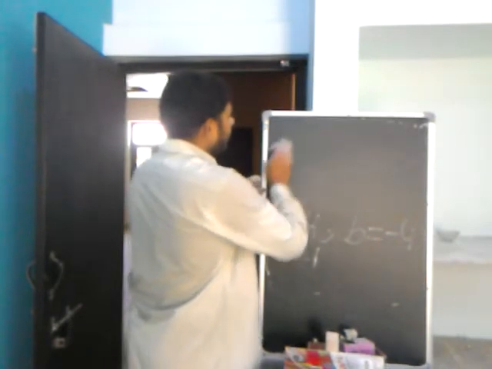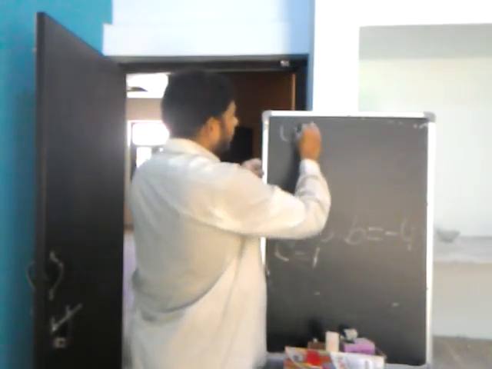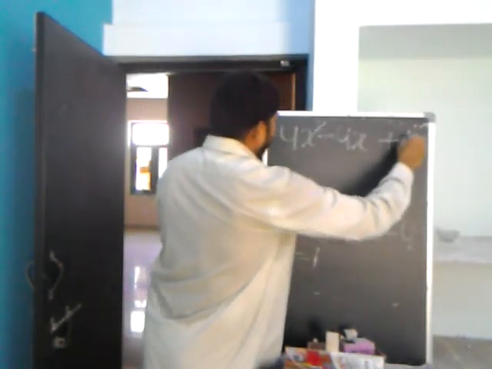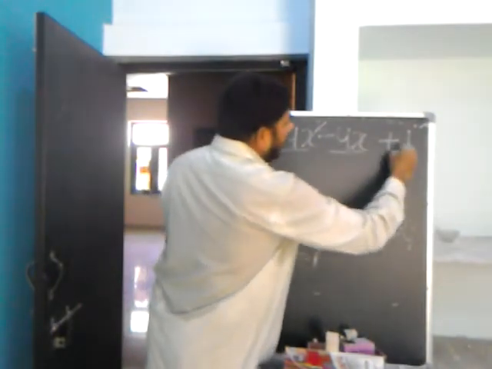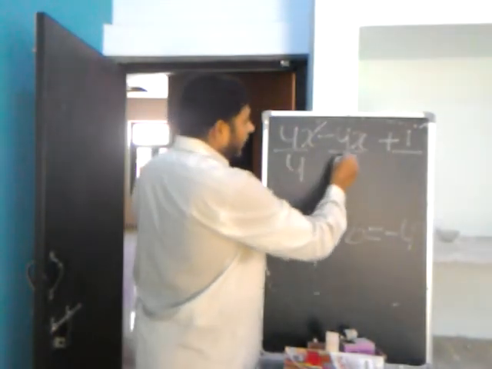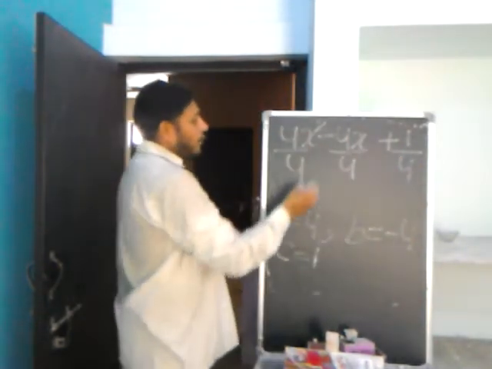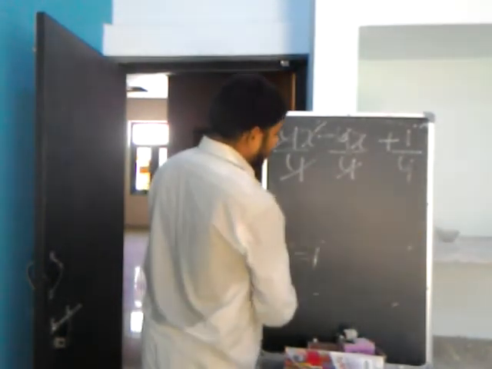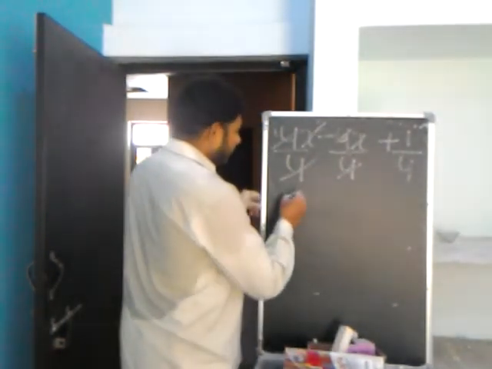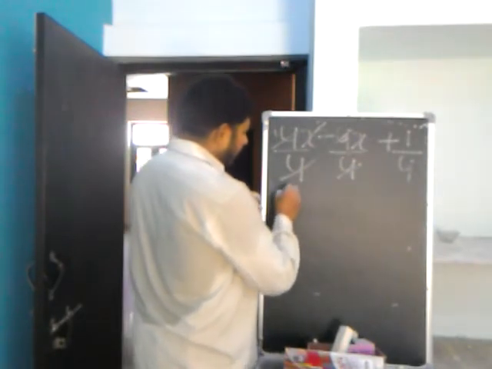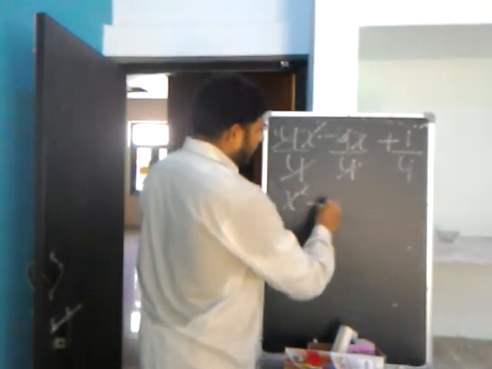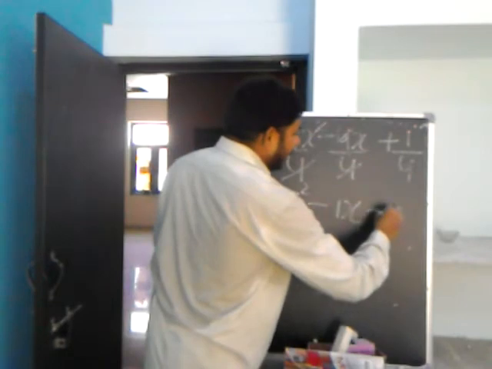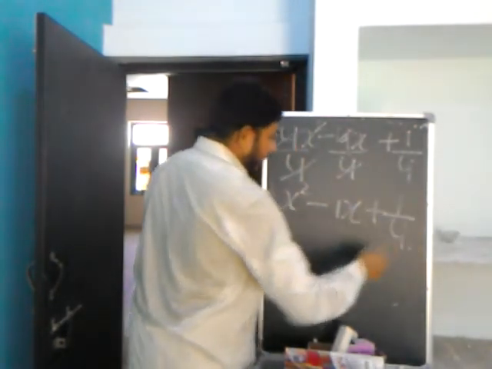First of all, I will divide each term of the given polynomial by a, and a in this case is 4. 4 ones are 4. I got x square minus 1x plus 1 by 4.